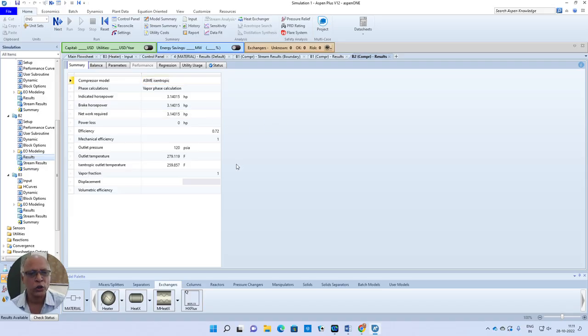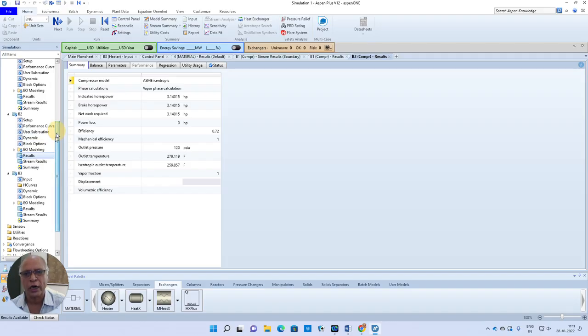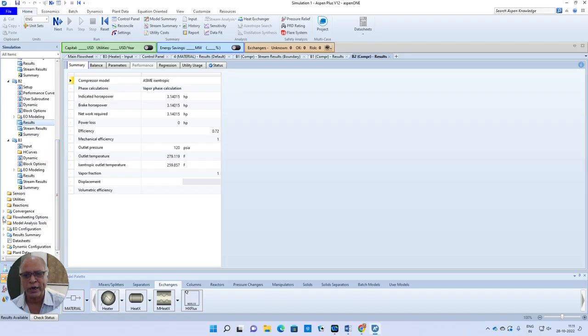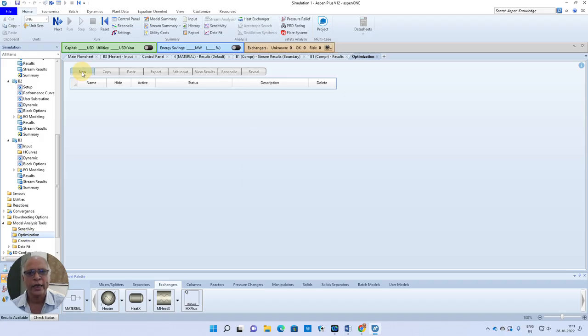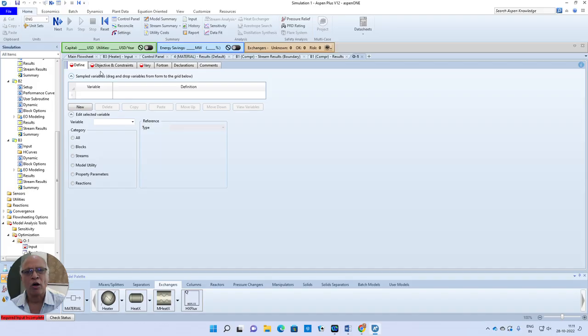So now we are required to use an optimization toolbox in order to minimize the total work that is required. So go to Model Analysis Tools, expand and click on Optimization, say New. Okay. Now try to define all the variables that are involved in the objective function. We need to minimize the sum of the works required by both the compressors.